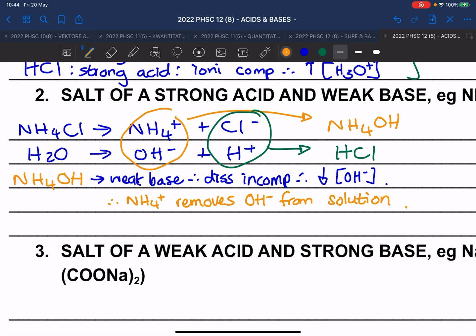Alright, so they want you to say that these two get together and that ammonium ions remove hydroxide ions from the solution.